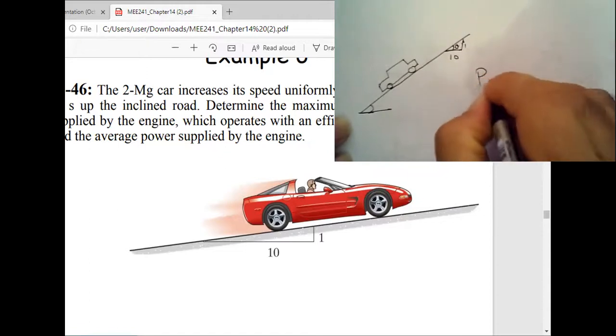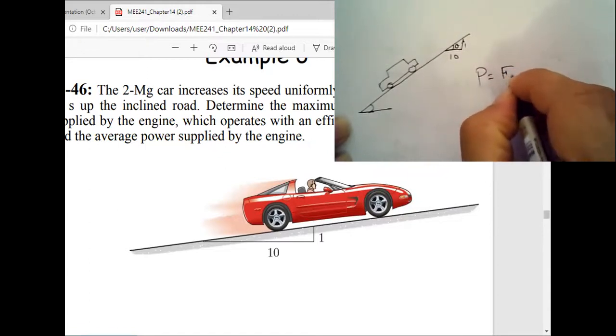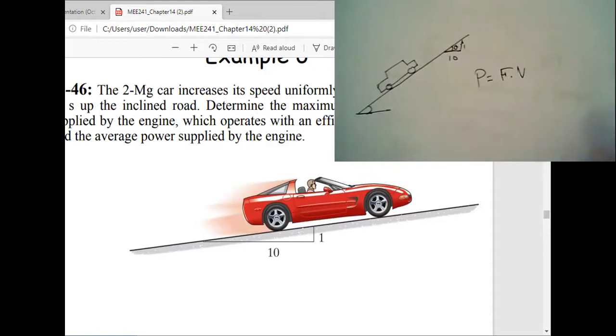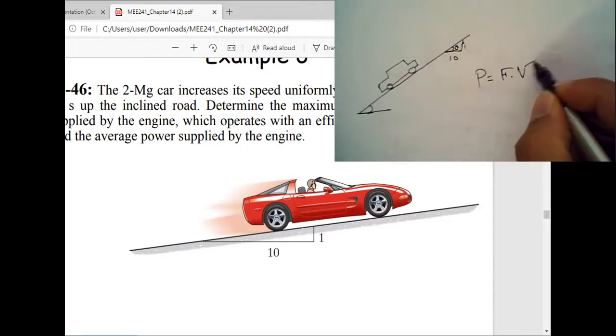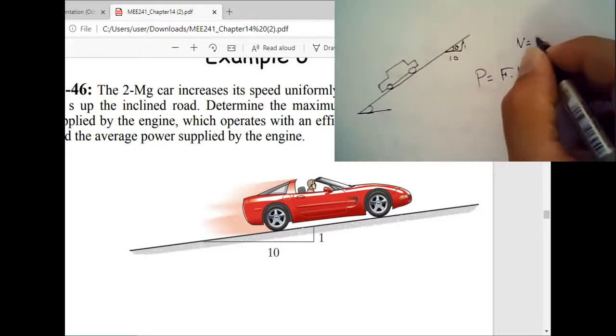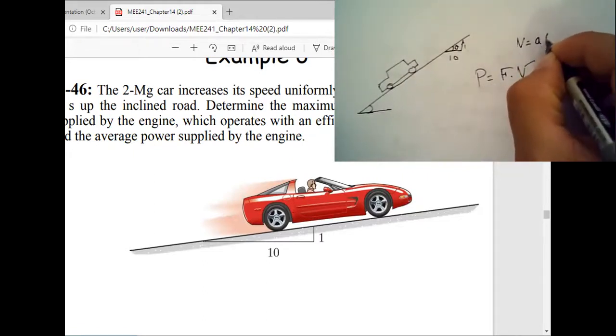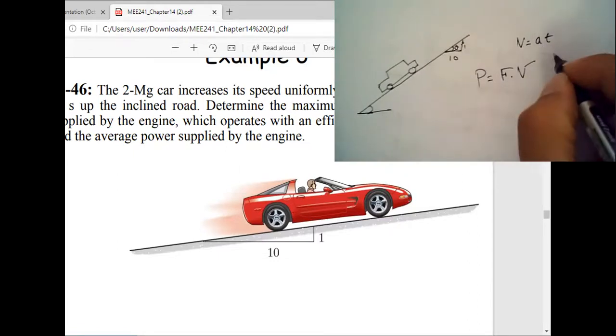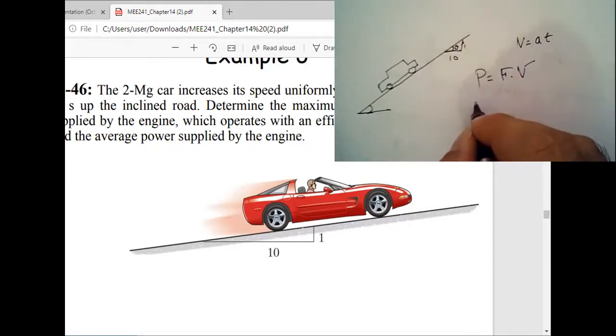First of all, the power we said is going to be equal to force times velocity, right? What is the velocity? The velocity is actually increasing from 0 to 25. So velocity is equal to A times T, right? What is A? Well, we know that we're going to reach 25 meters per second.